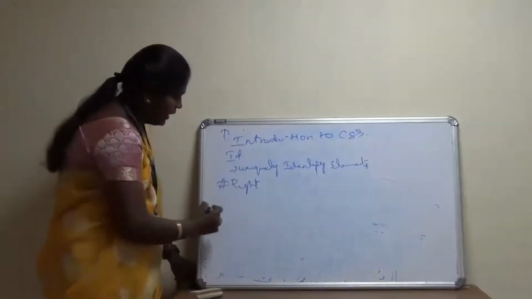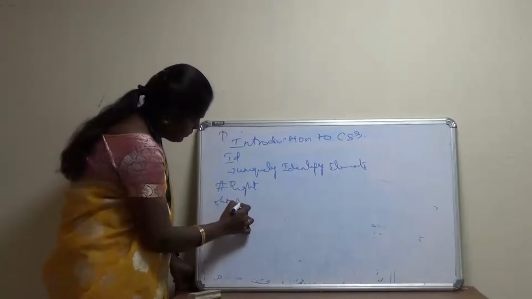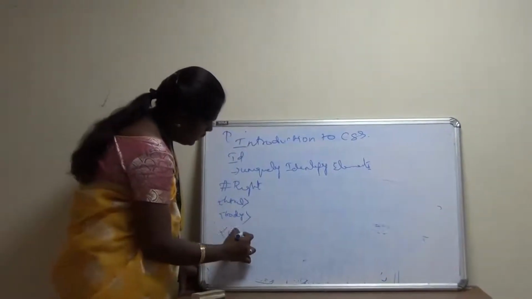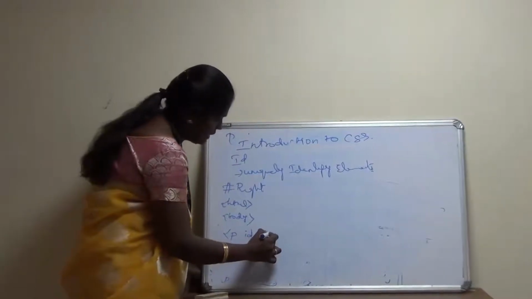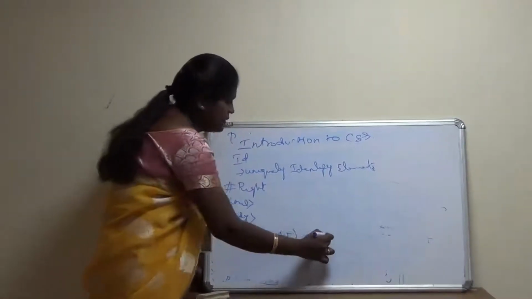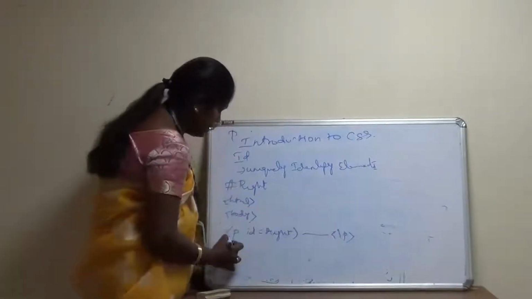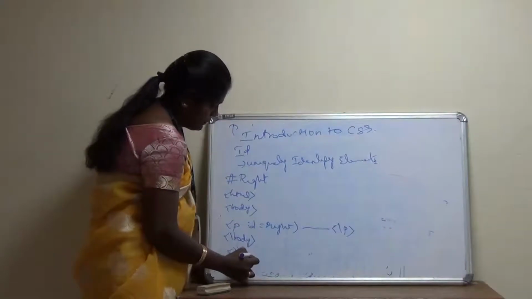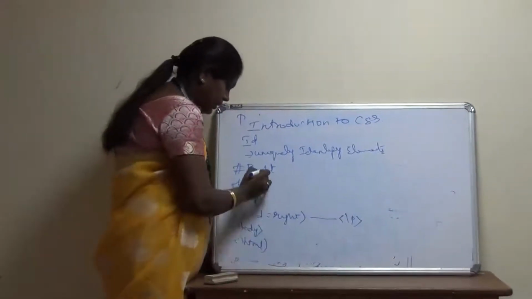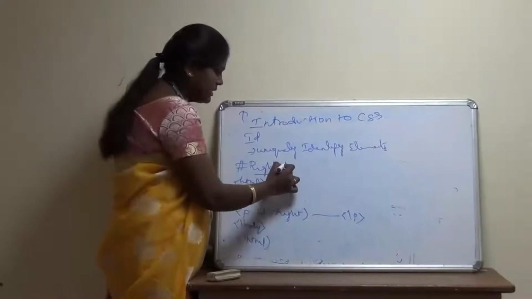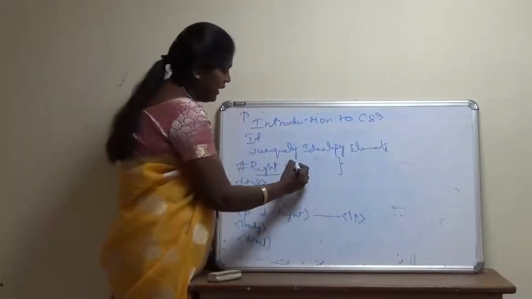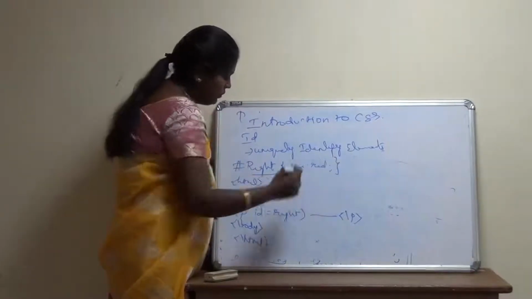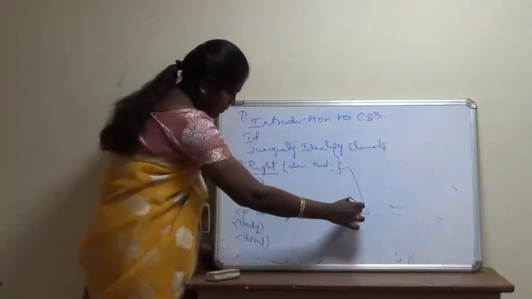In our program I use the ID as right, then give some content, close that paragraph, then close the body and the HTML. Under hash right we write some styles, any color or font size, and they will be applied to this paragraph.